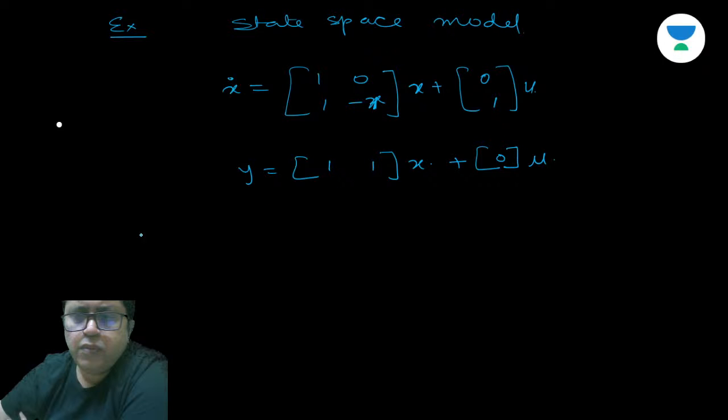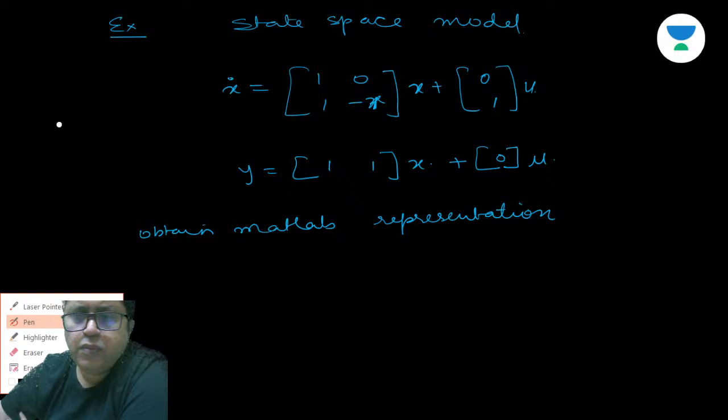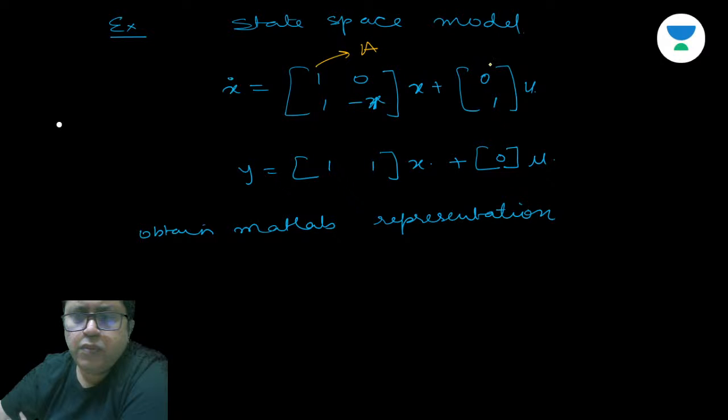Okay, so here to obtain the MATLAB representation, we will check what each matrix is. This is the A matrix, this is the B matrix, this is the C matrix, this is the D matrix.